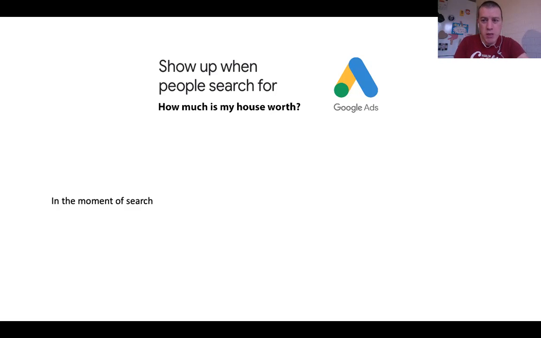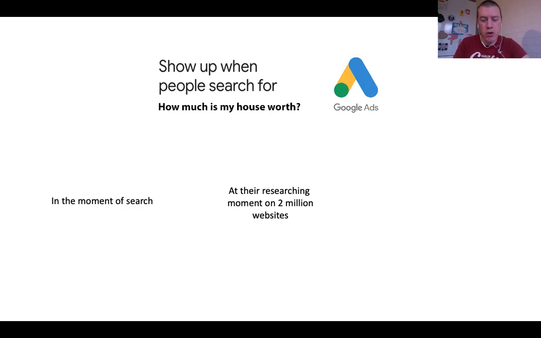So we show it in the moment, but also you've got the display network. I'll show you a website on that in a second. Basically, Mum and Dad down the road, Mr. and Mrs. Smith, Louise and Graham, or whoever it may be, will most likely be doing some initial Google searches.